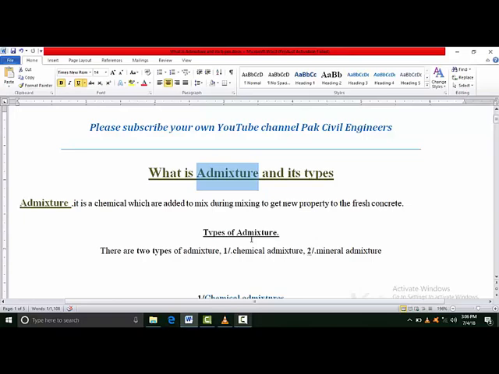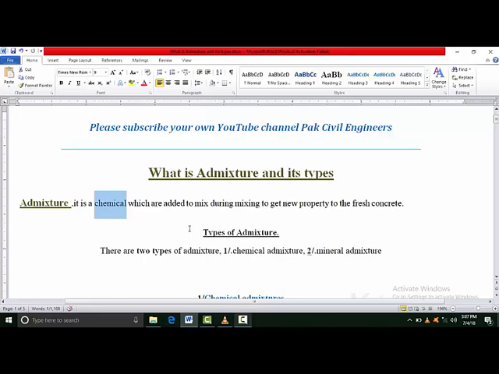So what is admixture? It is a chemical which is added during mixing to get a new property in the fresh concrete. New property means to modify the property of the fresh concrete. It is actually a chemical.